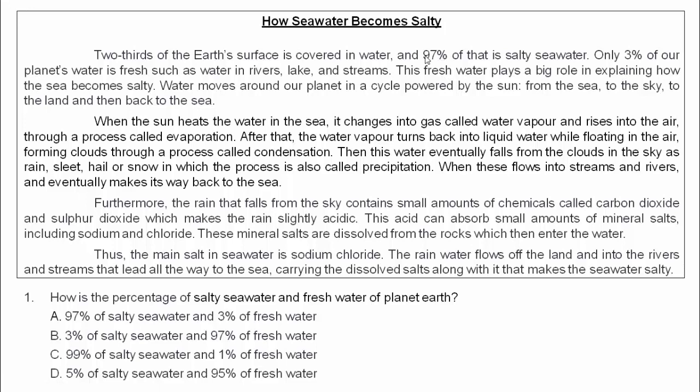Jadi ada 97% dari air yang asin dan 3% dari air yang tidak asin atau fresh. Maka kita lihat the answer is A. 97% of salty seawater, and then 3% of fresh water.